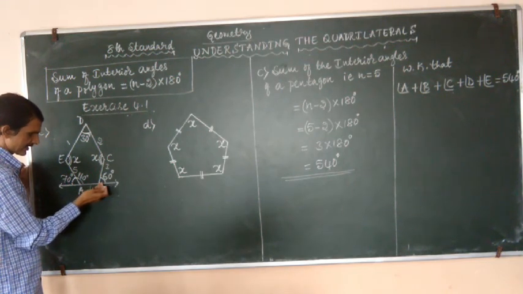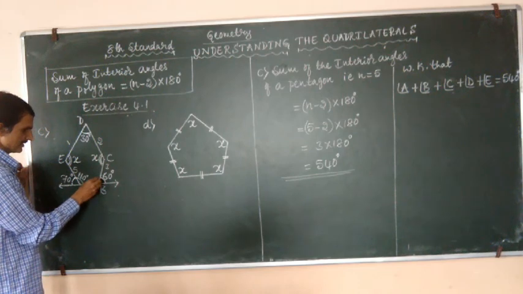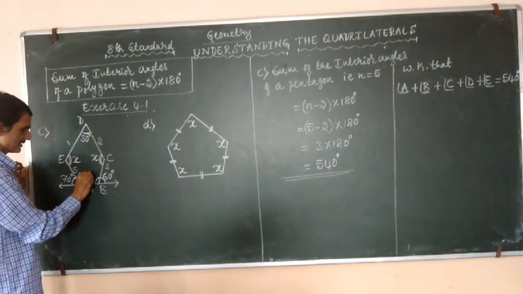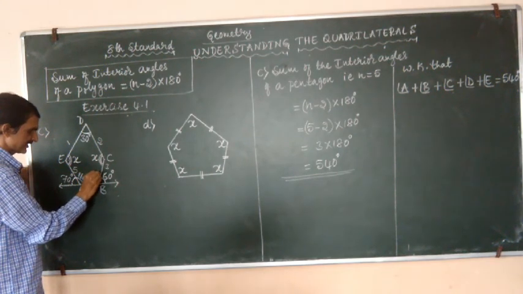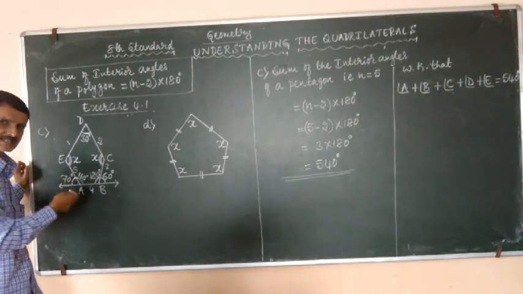Similarly, the exterior angle of B is 60 degrees, so the interior angle will be 120 degrees. This we have to write.